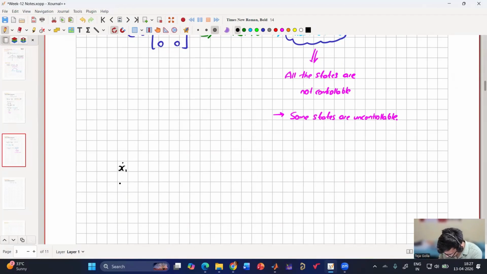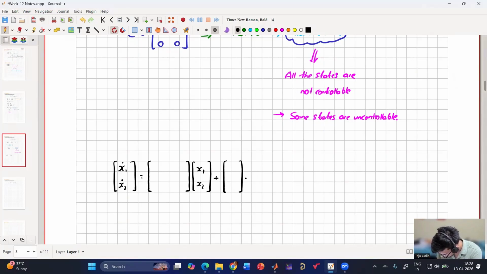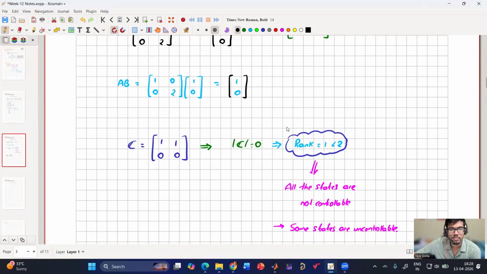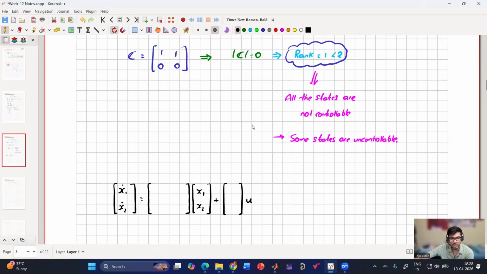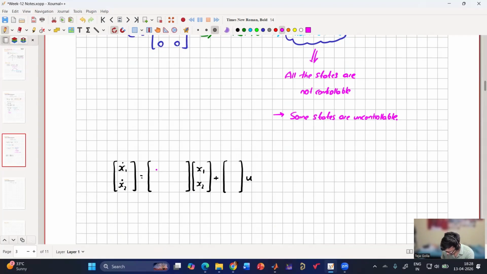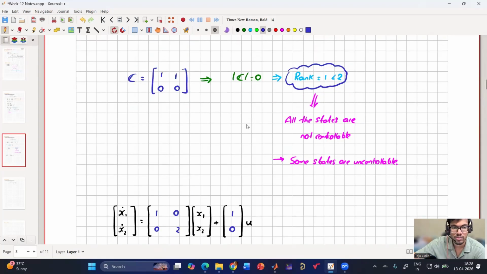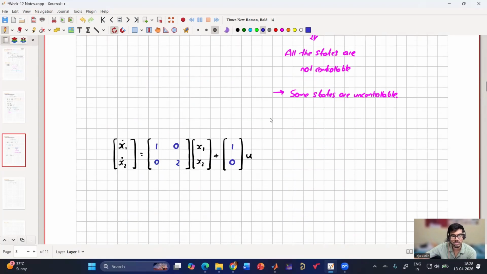So x1 dot, x2 dot is equal to Ax plus Bu. A is [1 0; 0 2] and B is [1; 0].